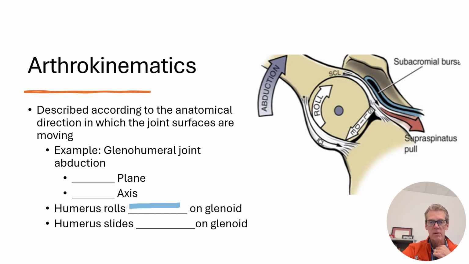So these two arrows are important to be able to conceptualize and draw. Oftentimes I'll do this with my hands. It helps me get a 3D model of what's happening. Some people like to do a little fingertip thing, fingertip in the joint, two joint surfaces. So there are several ways in which you can help yourself work through these. And again, we're going to do some of this in class. So we would call during abduction, at the glenohumeral joint, superior roll, inferior glide.